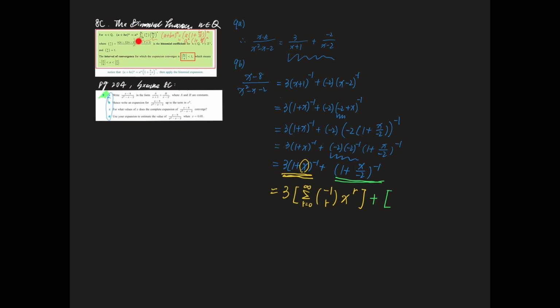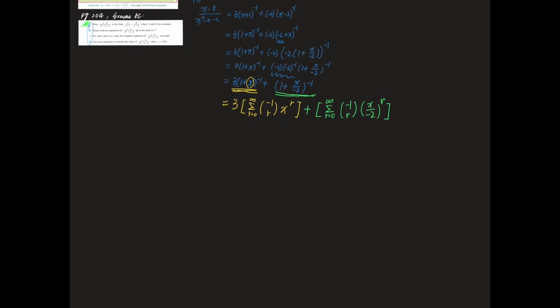So 1 to the power n is always 1, and then the rest of it is sigma from r equal to 0 to infinity of n choose r, where n is -1, r is just r, and bx over a is just x over -2 in this case, to the power of r. Okay, once you've written down this, let's continue.